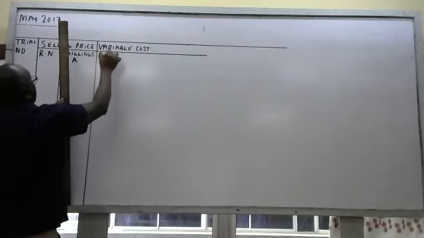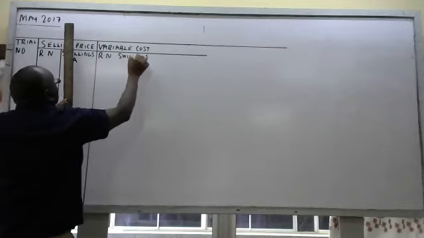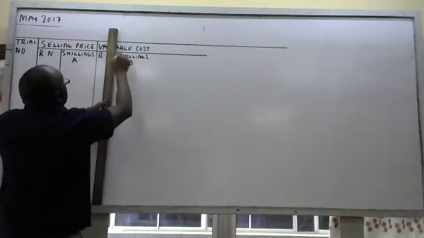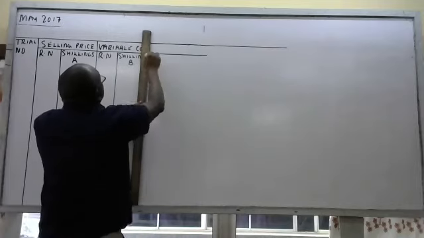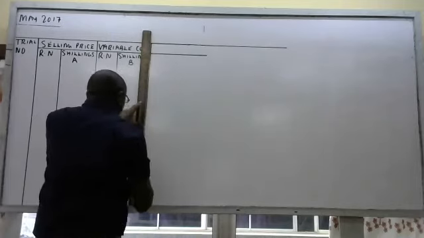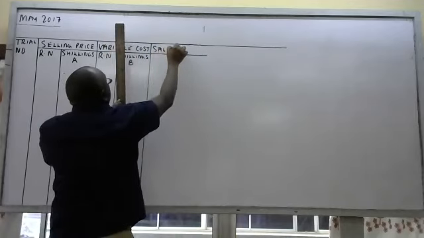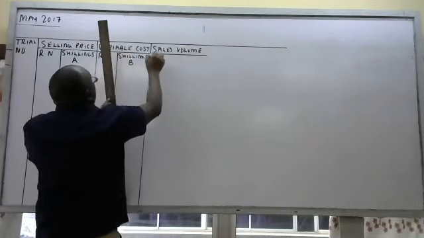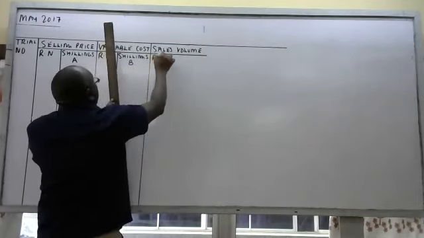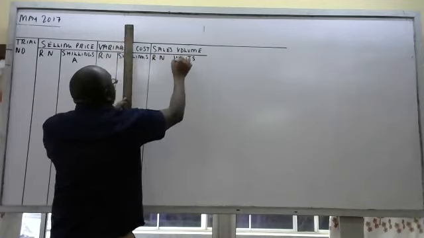We have random number and shillings. We call it B. Then sales volume. We have random number and we call it unit C.